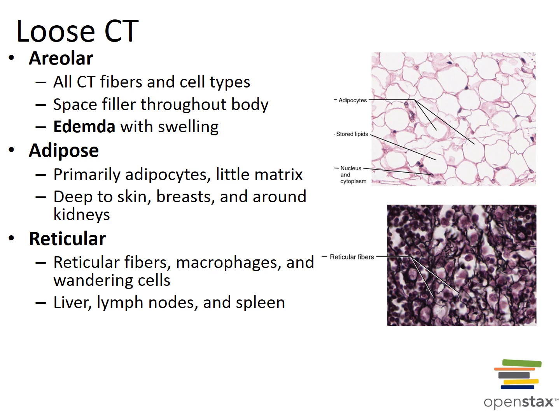You should also know the cells and the matrix, whether it is absent or present, and also its composition. So you can see areolar connective tissue with the adipocyte cells, the mature cell.